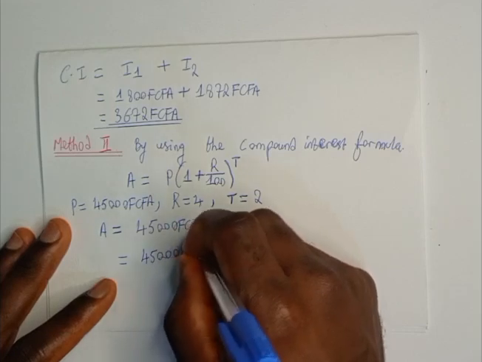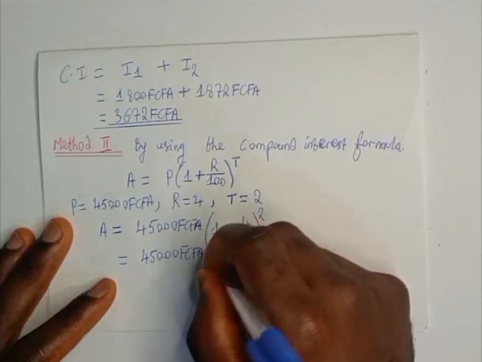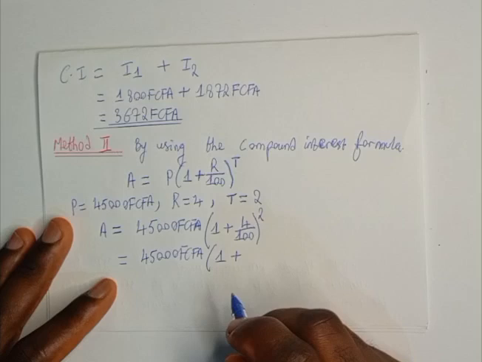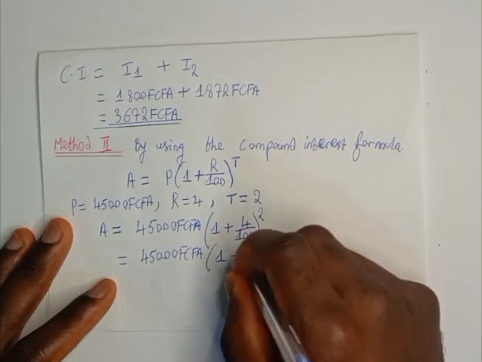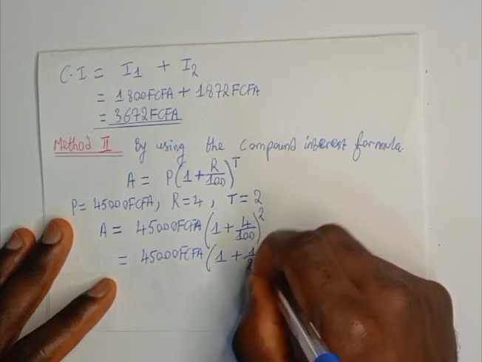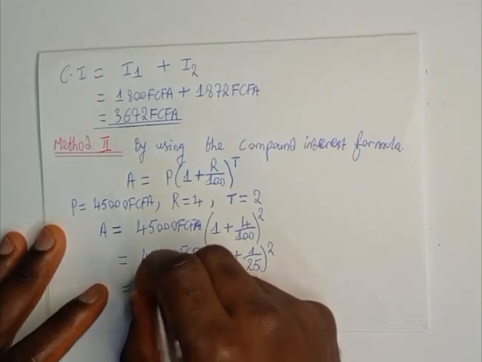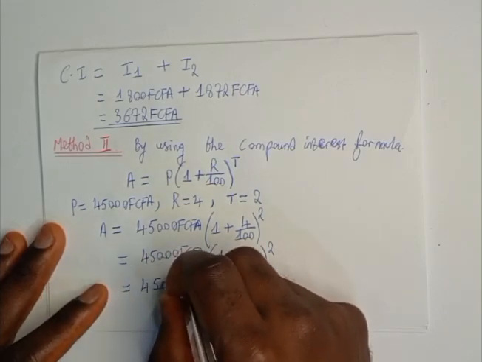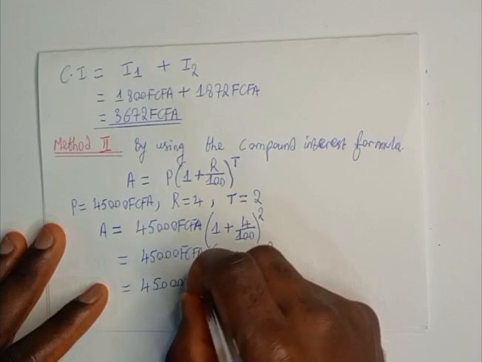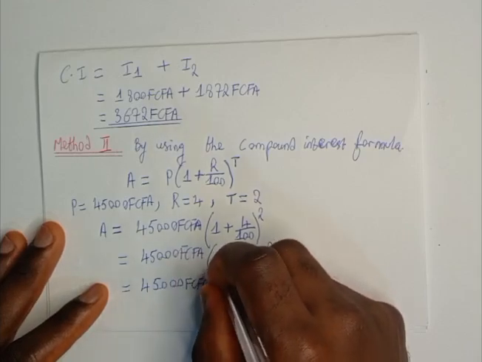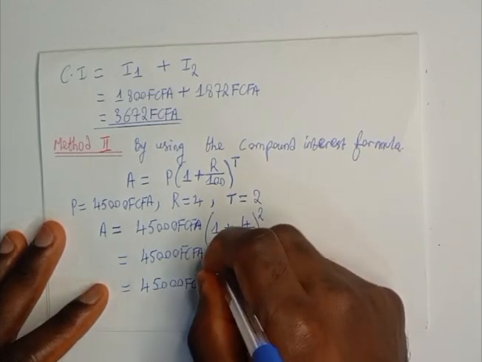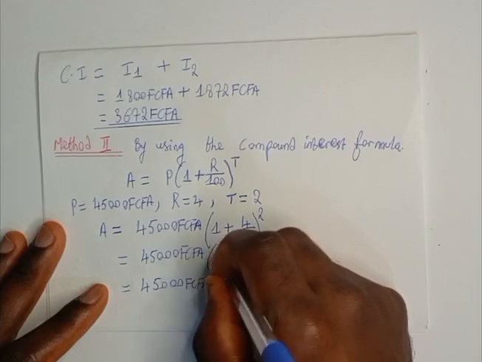45,000 francs CFA times 1 plus 4 over 100 can be simplified, and this will give us 1 on 25, all this squared. This will simply be equal to 45,000 francs CFA times 1 here can be written as 1 over 1.